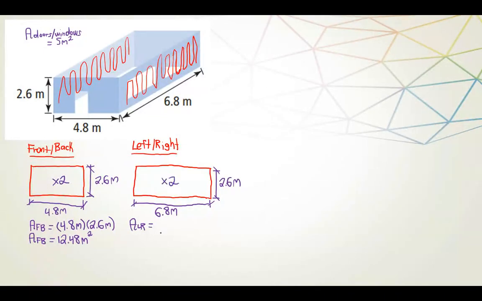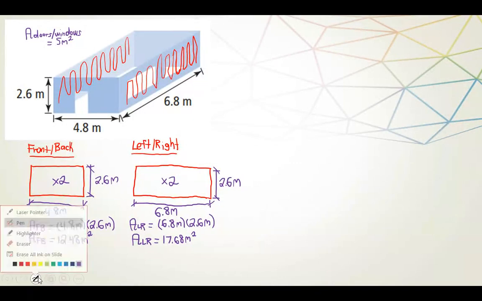You have two of those faces. Area of a rectangle: 6.8 meters multiplied by 2.6 meters. The area of the left or the right face, 6.8 times 2.6, gives you 17.68 square meters.